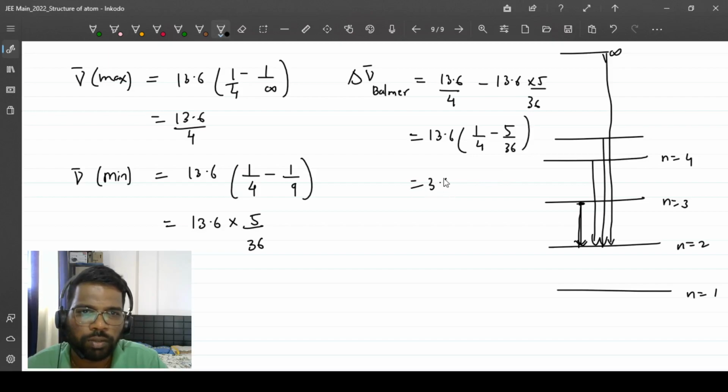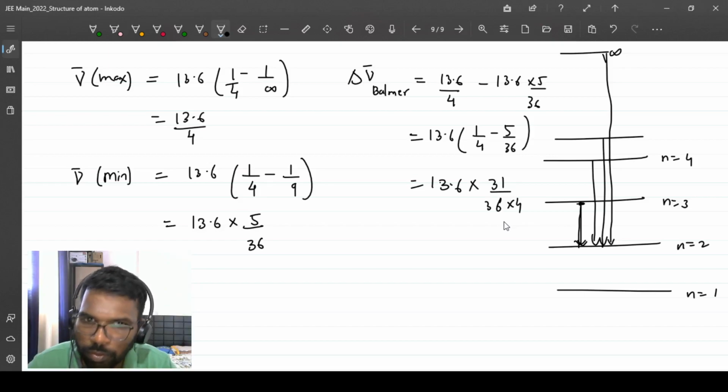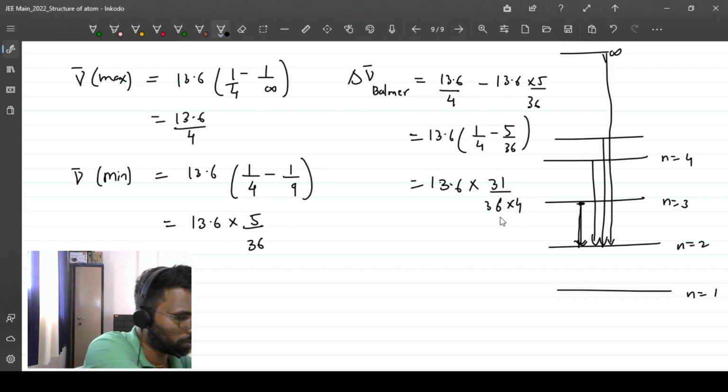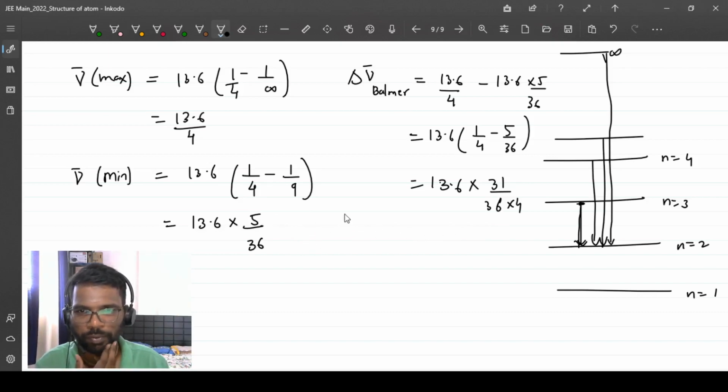One minute, students, what mistake we made over here is 1 by 4 and 1 by 9. Some calculation mistake is there.